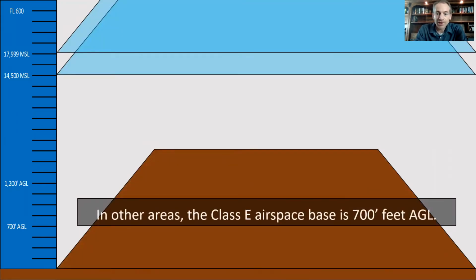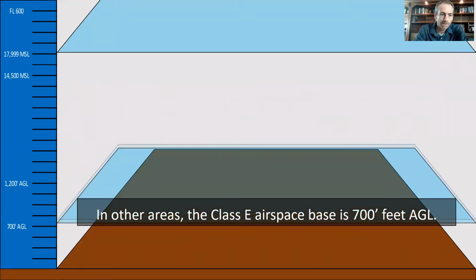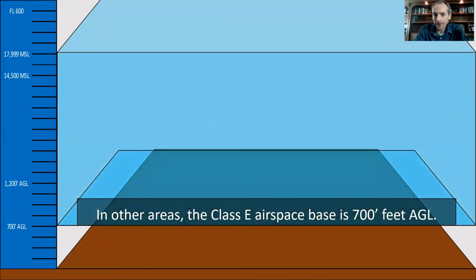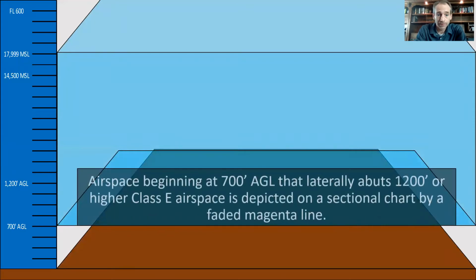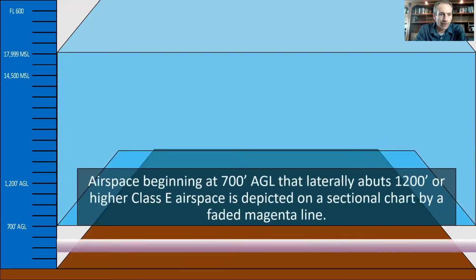In other areas, your Class E airspace base or floor is going to be 700 feet AGL. So you have Class E above 700 and then Class G below that 700 feet. So the airspace beginning at 700 feet AGL that laterally abuts 1,200 feet or higher Class E airspace is depicted on a sectional chart by a faded magenta line.